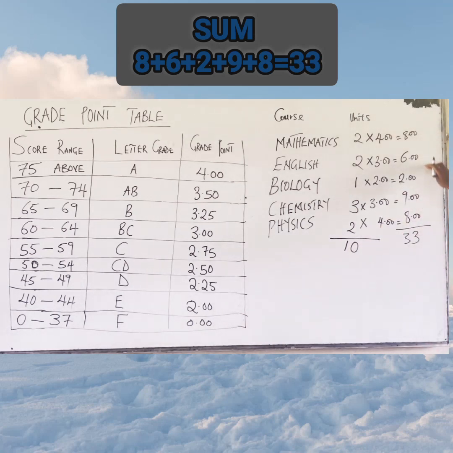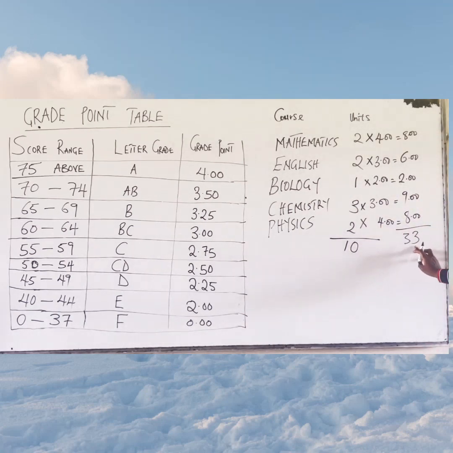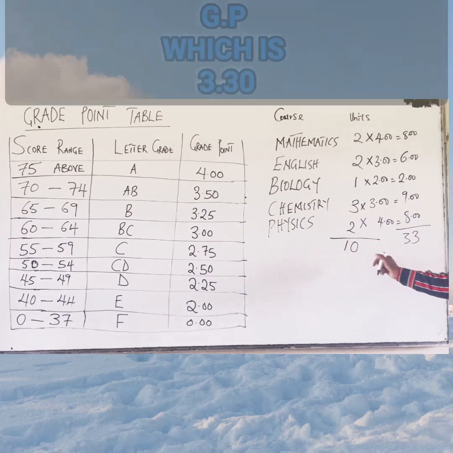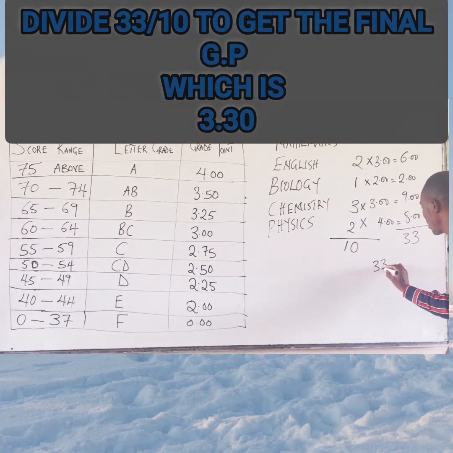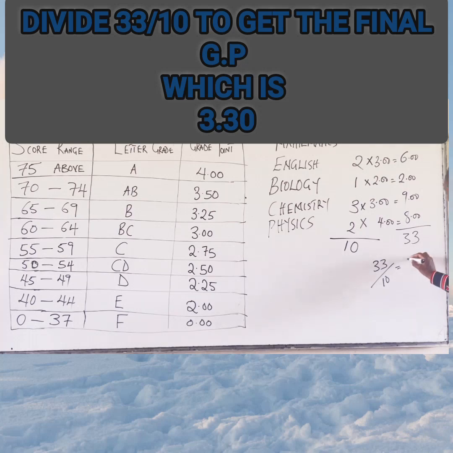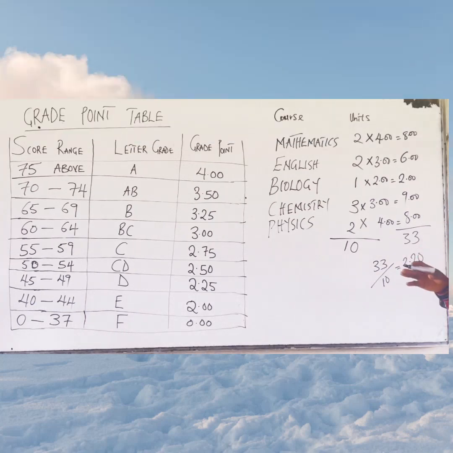So after you have summed this up, you have 33. The next thing to be done is 33 divided by the total course unit. So you have 33 divided by 10. What do we have there? 3.30. It just gave me 3.3, the same thing as 3.30.